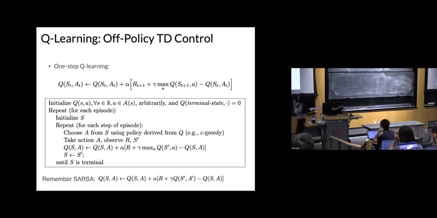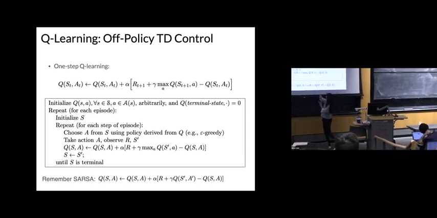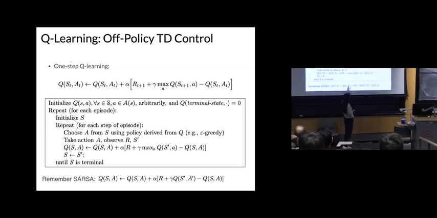Well, let's check out the pseudocode. The beginning is still the same. We initialize capital Q randomly. And then we go and select actions, and indeed, the actions are selected from the epsilon greedy policy derived from that Q function. But then the update is not the SARSA update. Look at the target: immediate reward plus gamma times the max across all actions of the Q of the resulting state.